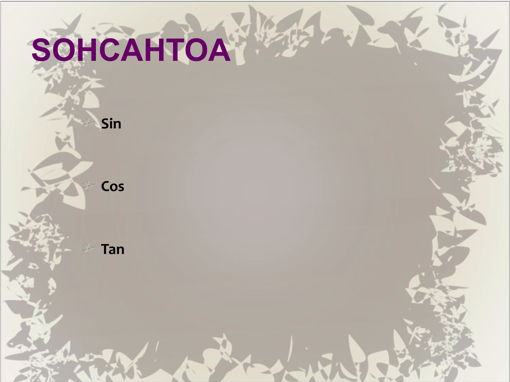So this is an acronym to help you remember the ratios. It's SOHCAHTOA. So I'm going to write here that it's an acronym to help you remember the ratios. So, how does this help you remember the ratios?